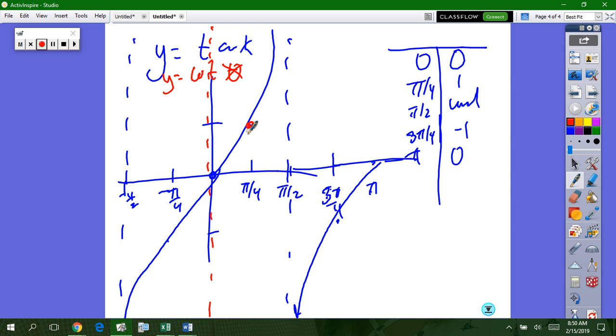What's the reciprocal of undefined? 0. What's the reciprocal of negative 1? Negative 1. What's the reciprocal of 0? Right?